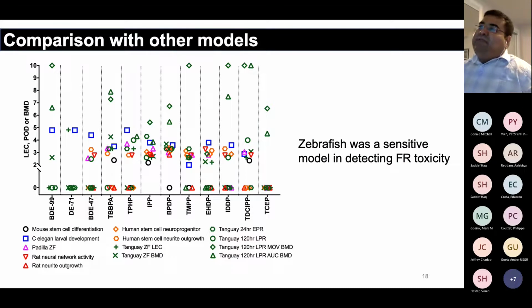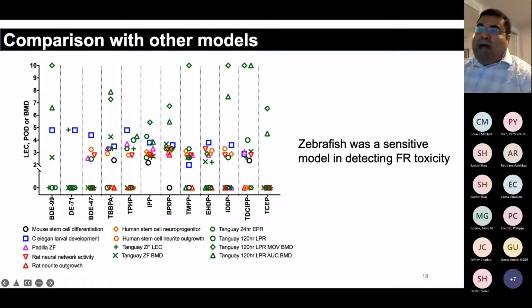So within this slide, we show some data from our lab and comparative data from other labs that indicate that zebrafish was a sensitive model for detecting flame retardant toxicity. Within this figure, what you see on the y-axis is the lowest effect concentration, the points of departure or the benchmark doses, for different flame retardants in different studies.